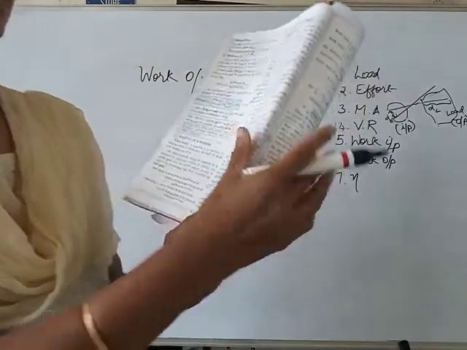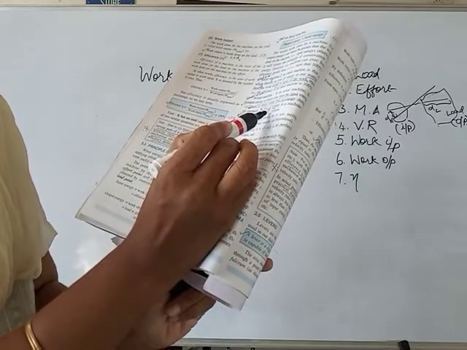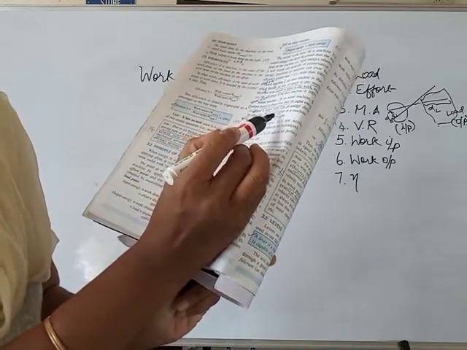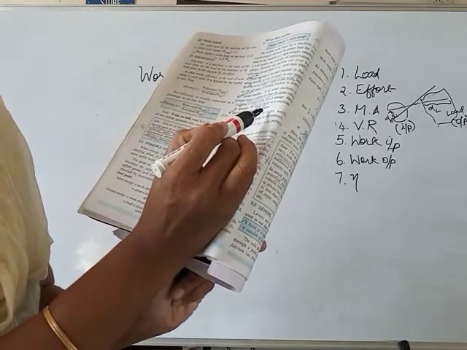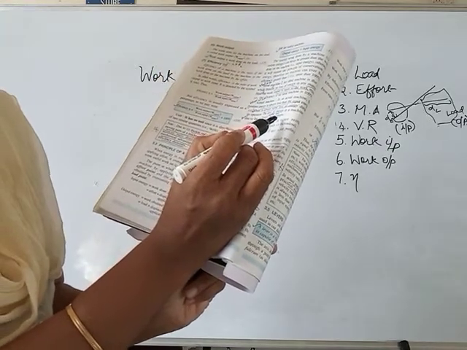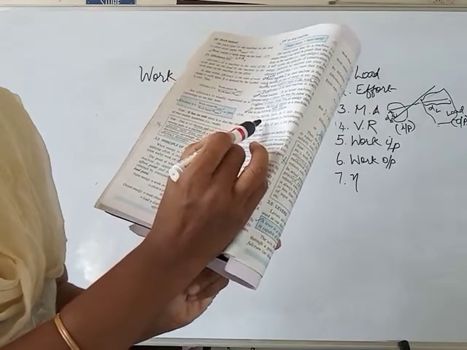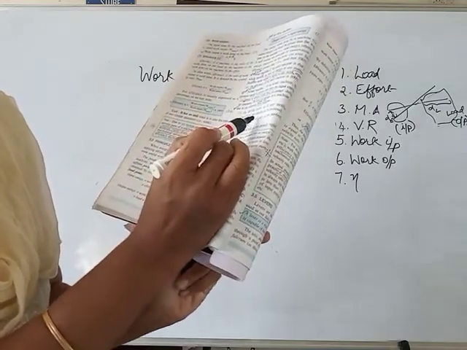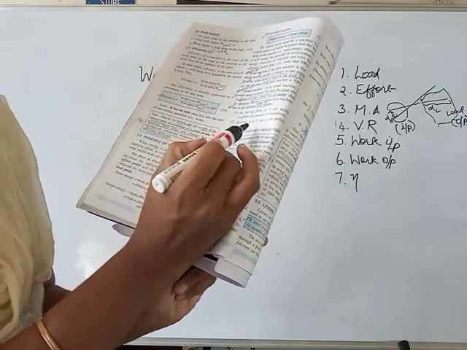Okay. The next important thing is that the loss of energy in a machine is due to the following 3 reasons. So the question can be, what are the 3 reasons for loss of energy in a machine? First, moving parts are not weightless. Second, string is not perfectly elastic.